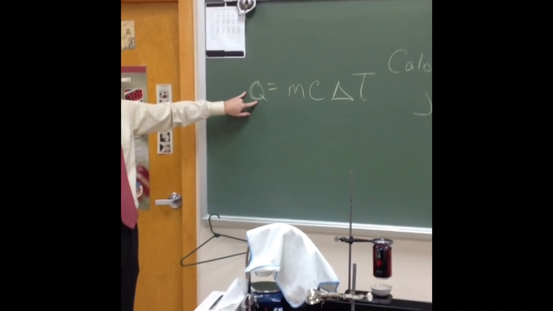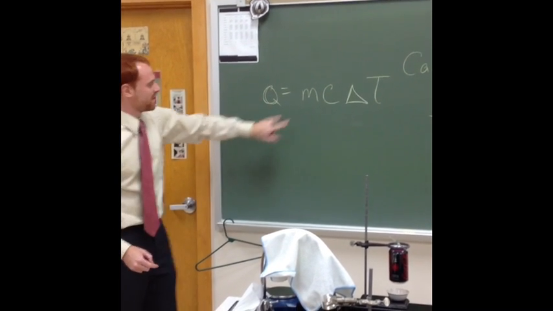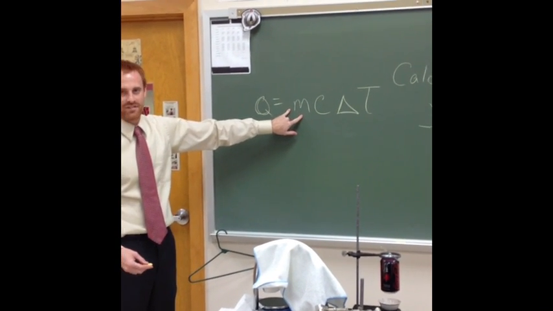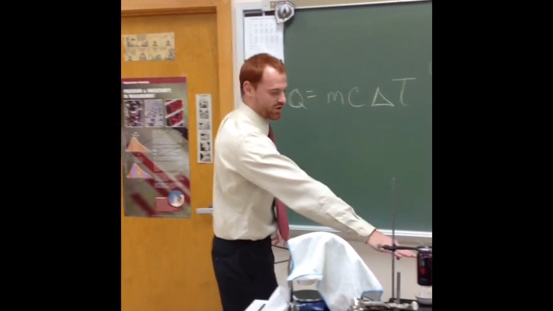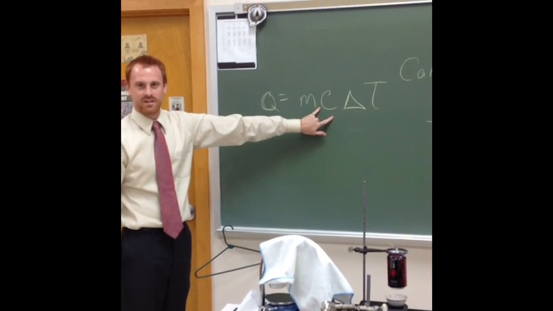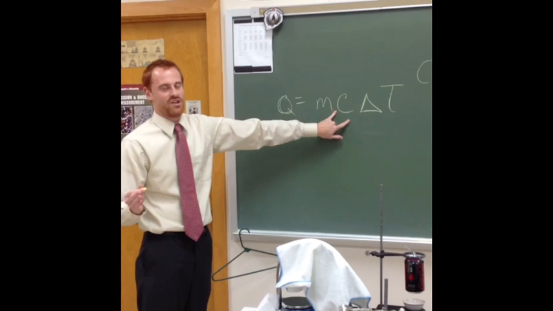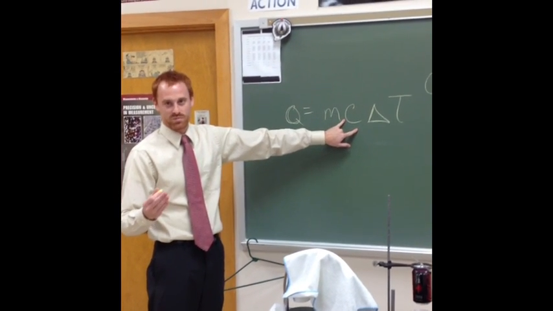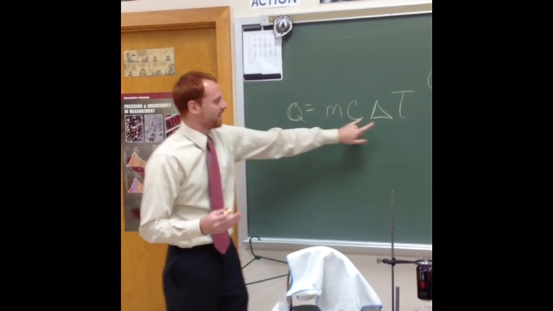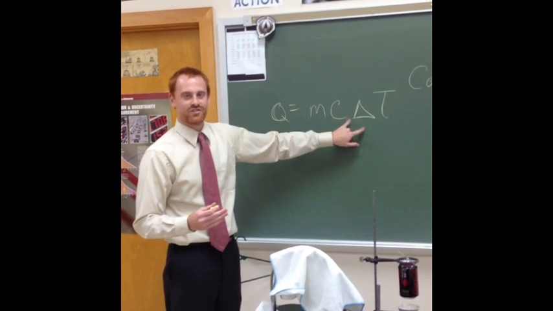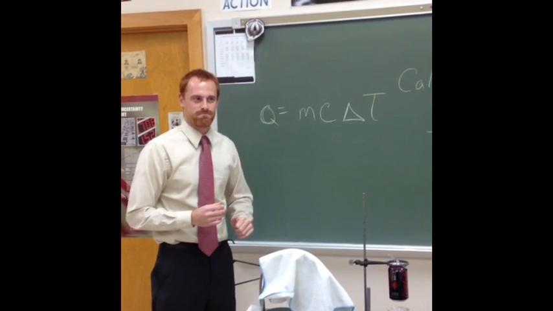This is what we're trying to find in each Cheeto. The m is the mass of the water that you have in your Coke can. The c is the specific heat capacity, which is basically the same thing as the specific heat. They're the same thing. Delta T, the change in temperature, is going to be the change in temperature in the Coke can.